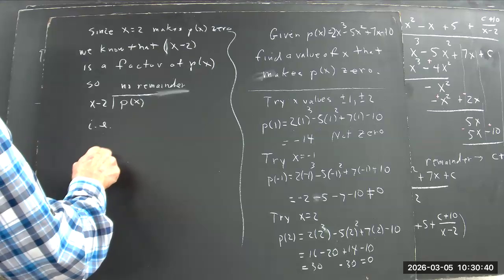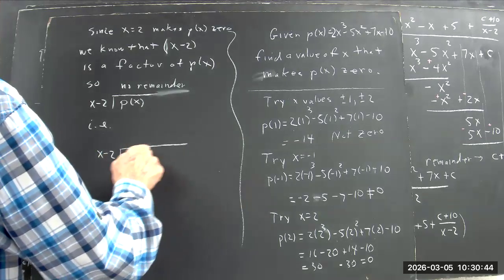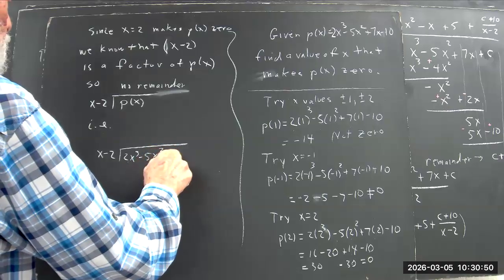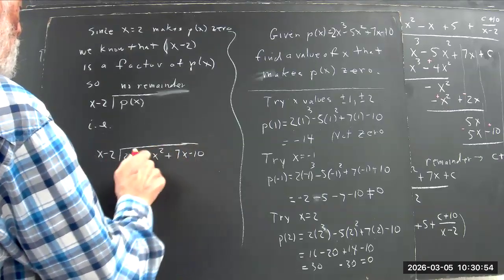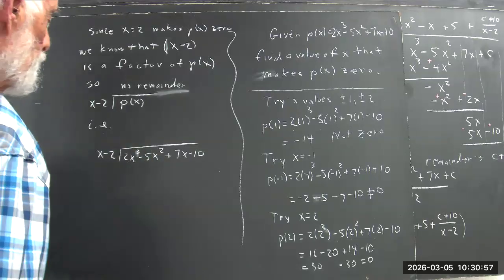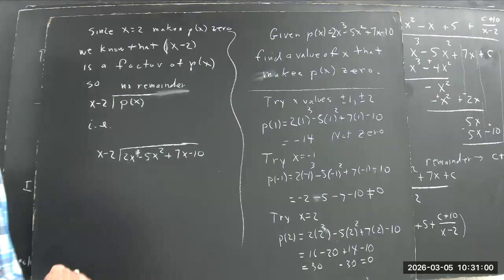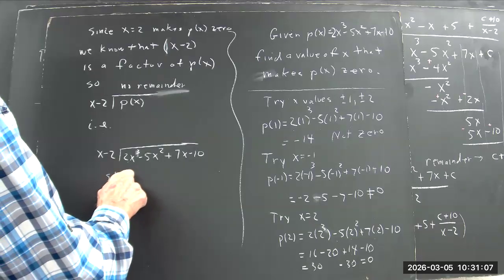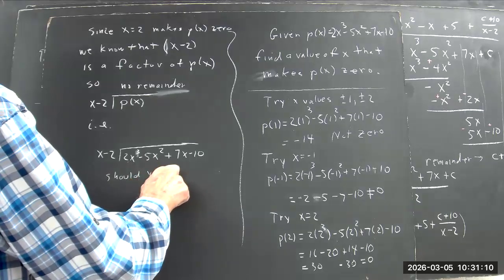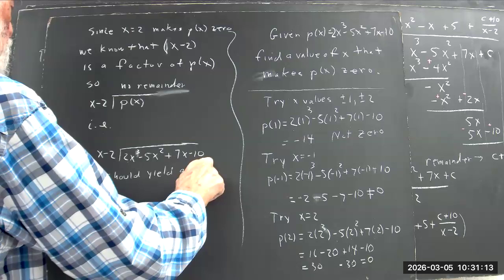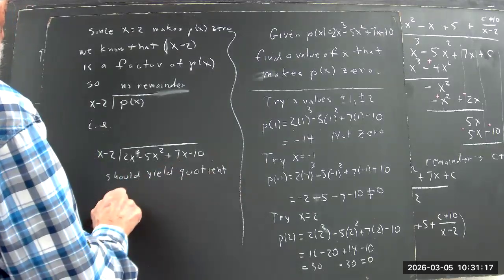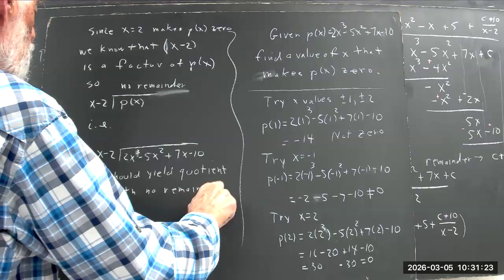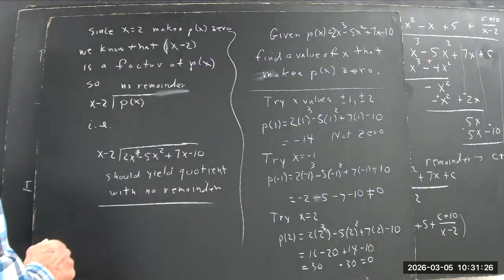In other words, x minus 2 divided into 2x cubed minus 5x squared plus 7x minus 10 comes out even. This should yield a quotient. No remainder.